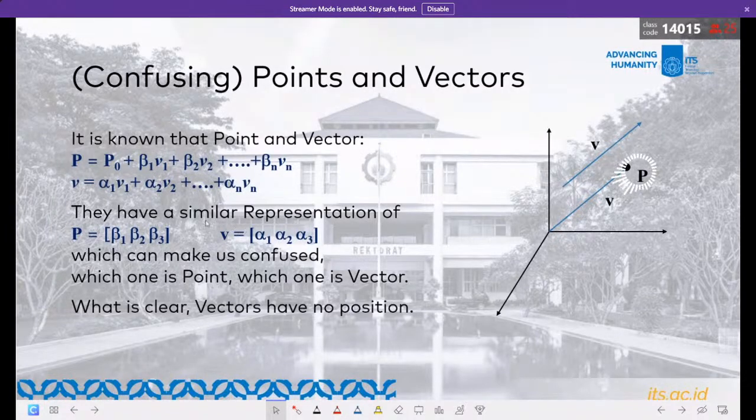In the case of having P and v with the same magnitude and direction, the v has no location, so it can be anywhere in the space, even though the magnitude and the direction are the same as the point. So that's basically the difference.